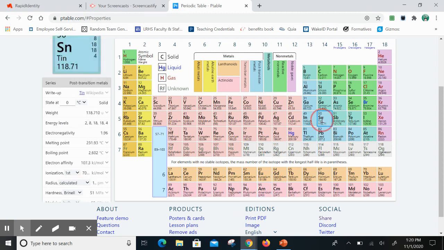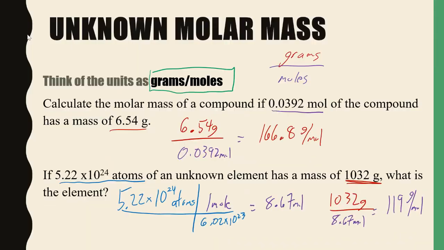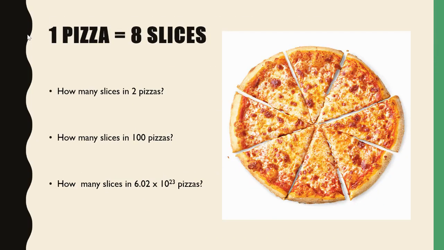Yeah, so it's ballpark 10. Since it said atoms, it's not a compound. If it said molecules or formula units, then we might be looking at a compound. But since that's atoms, that would be 10. All right, so that is the unknown molar mass.